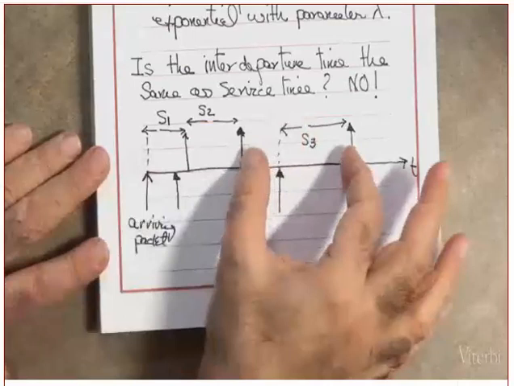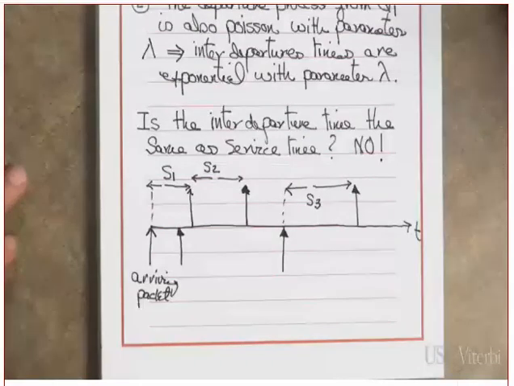Find the probability of N1 equal to N, N2 equal to M, N3 equal to K. Let me use different symbols here. What do I call this? That's the joint PMF.